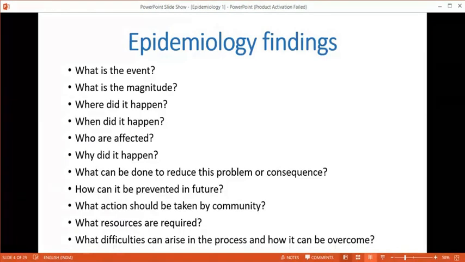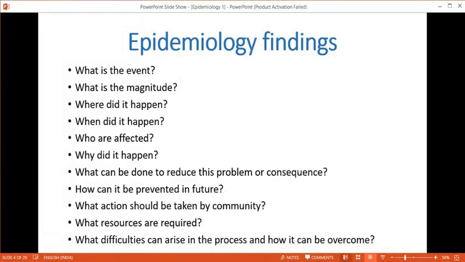Why did it happen? That is where he started finding out why, and found out the people who are drinking the water from that source got affected. Here he found out that compared to the group who didn't have the water supply in that area, the death rate is high. So it must be the water which is causing the death.